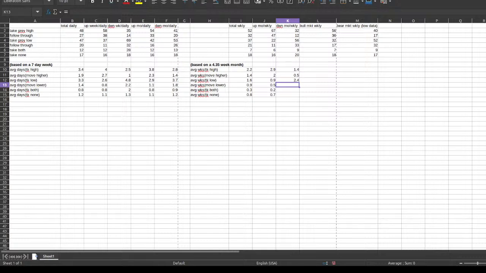Times 4.35 is going to be a 1.4. Okay. To take both is times 0.09. It's going to be 0.4.